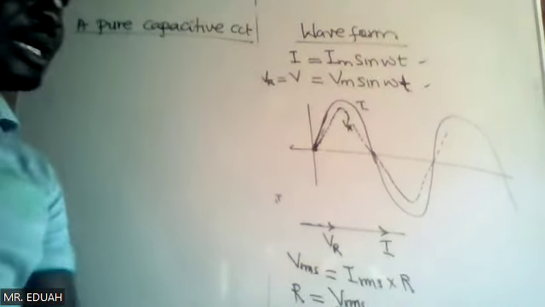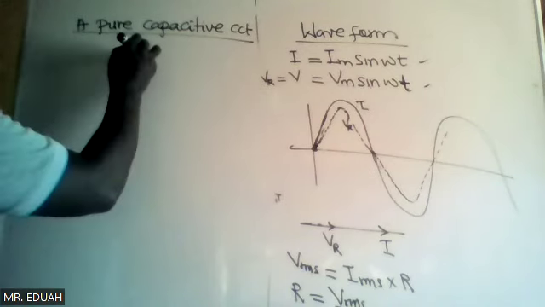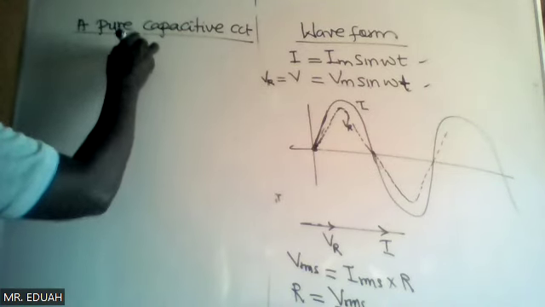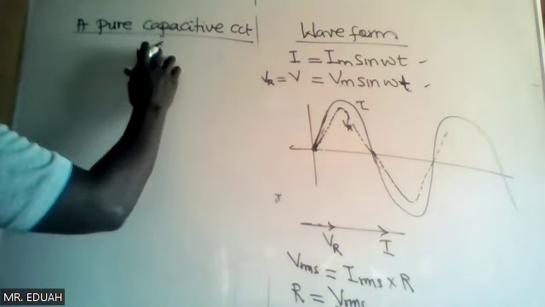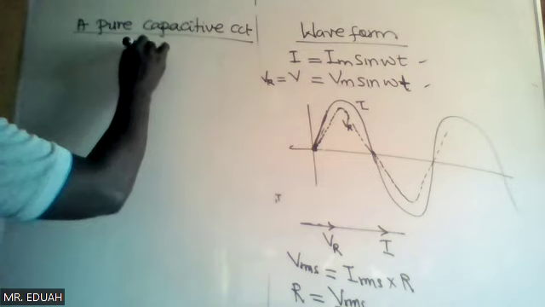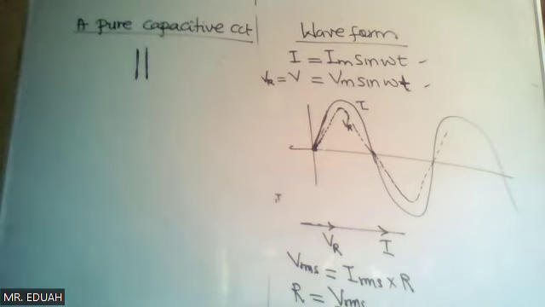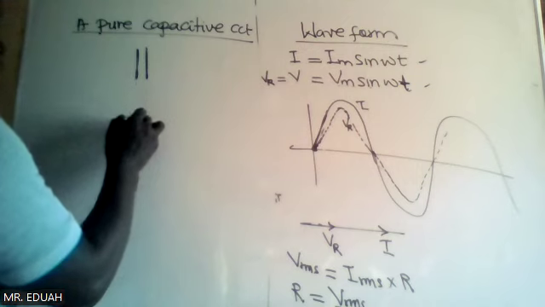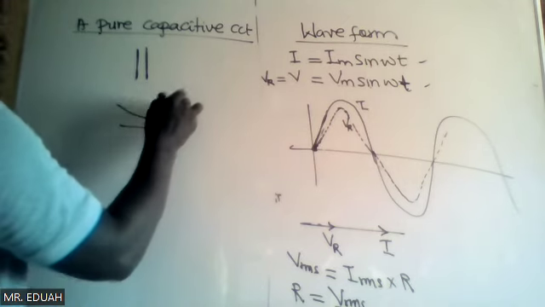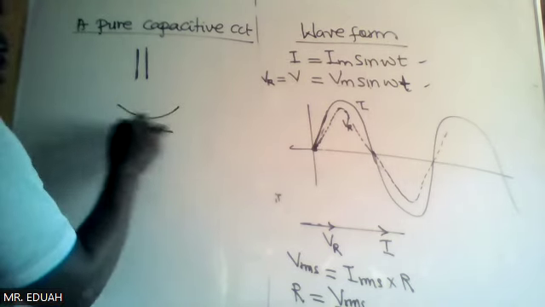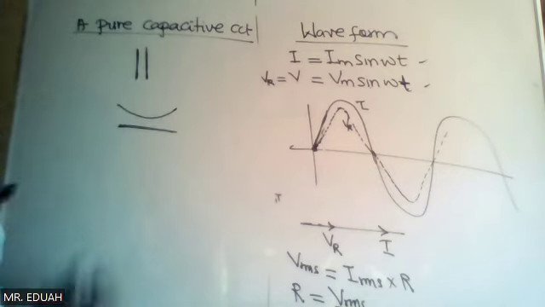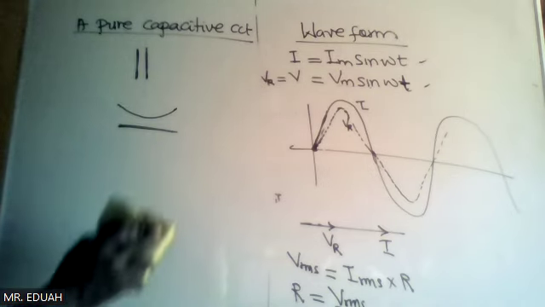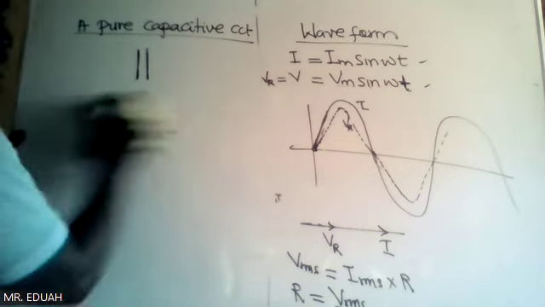In a circuit, a capacitor is represented as vertical lines, equal vertical lines, or this. This is the old capacitor representation. But the common one in most circuit diagrams is this.